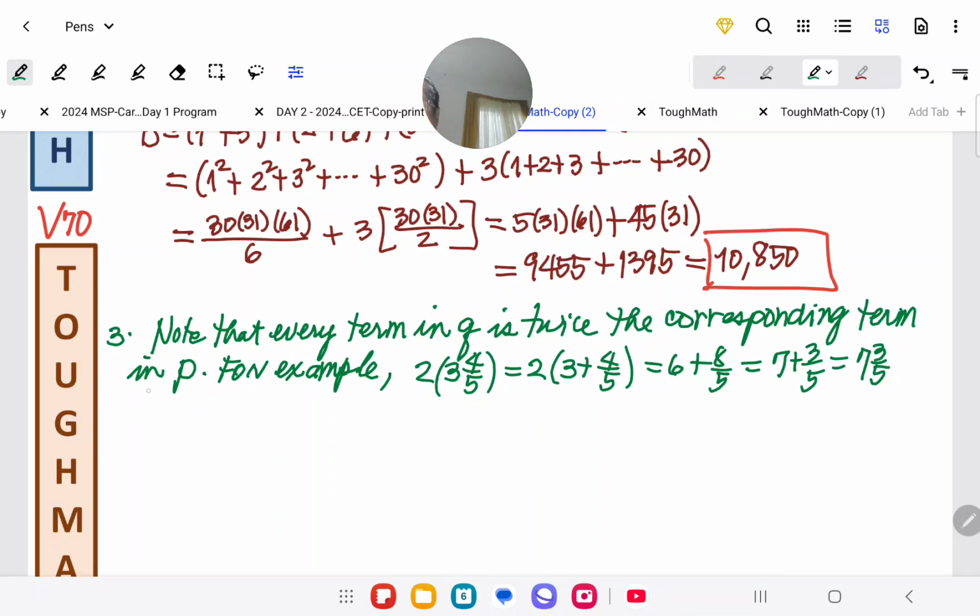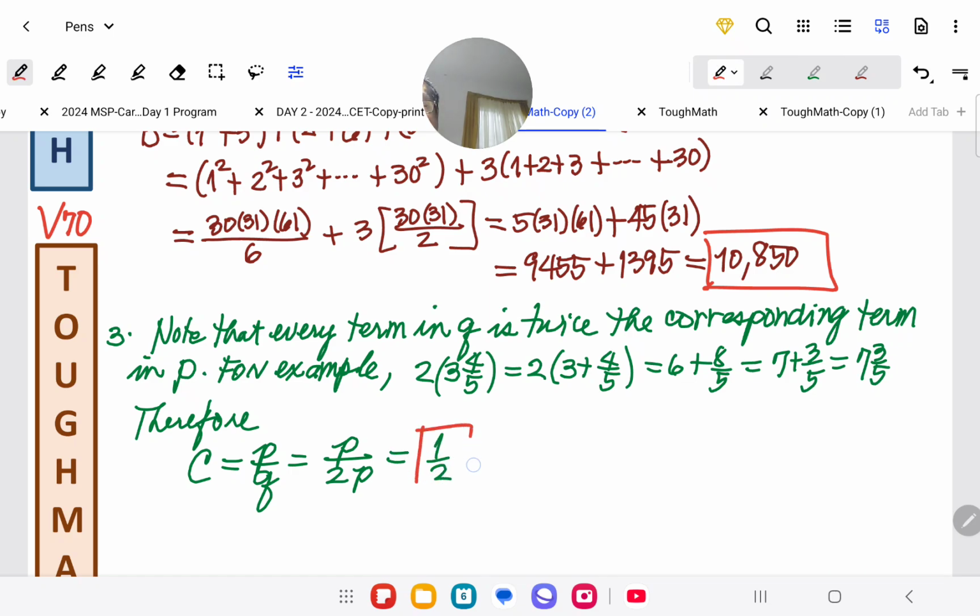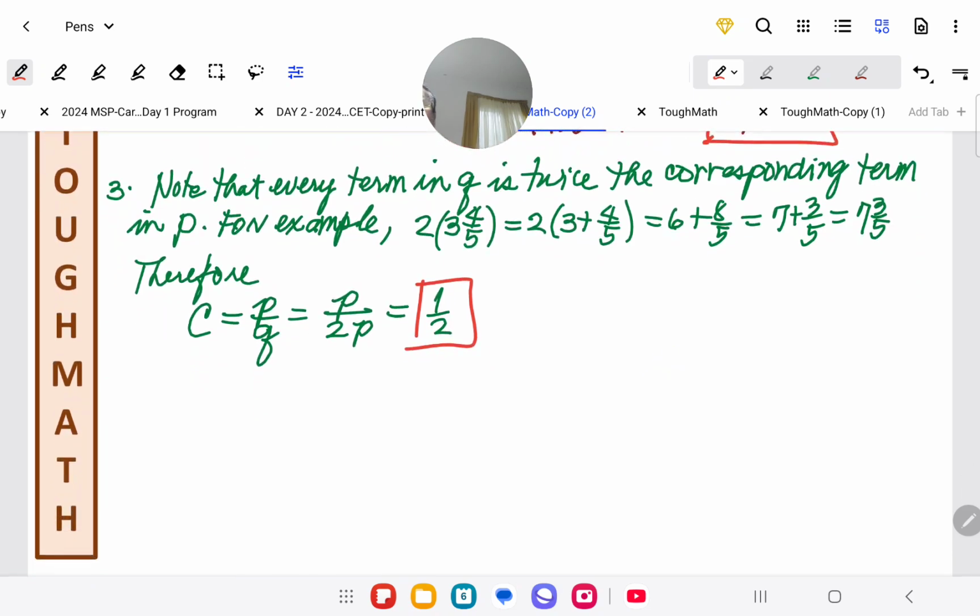Therefore, C, which is equal to P over Q, is simply P over 2P, which is equal to 1/2. So letter C is just 1/2.